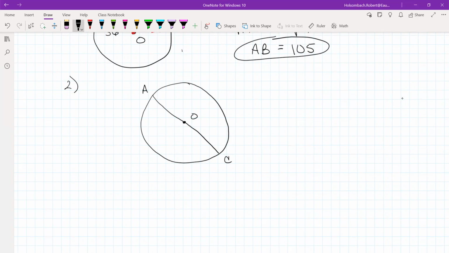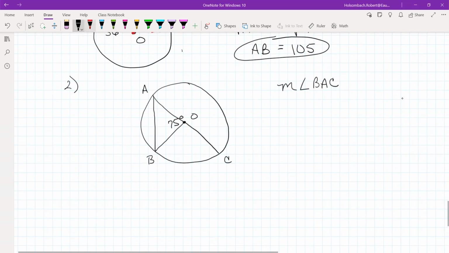We've got a radius from O to B that forms a 75-degree angle. And then we need another segment that connects A to B. And we need the measure of angle BAC.